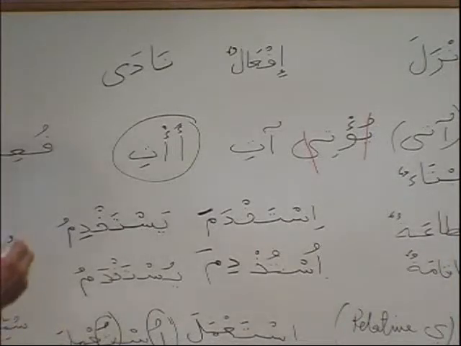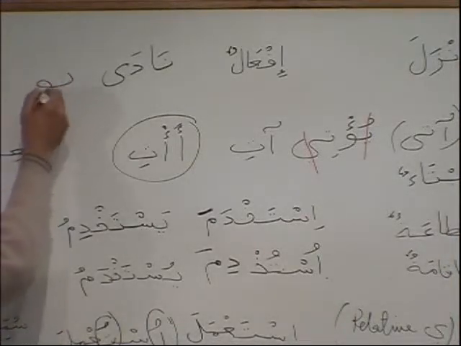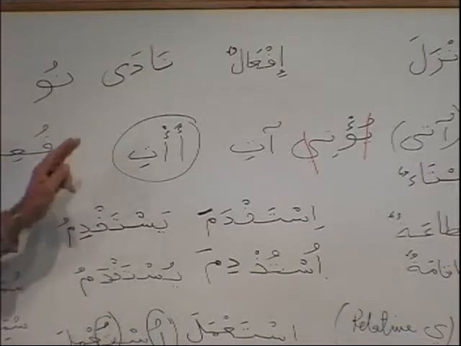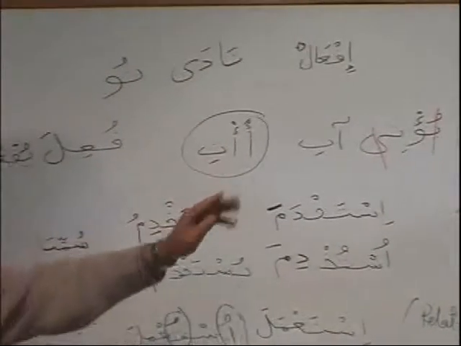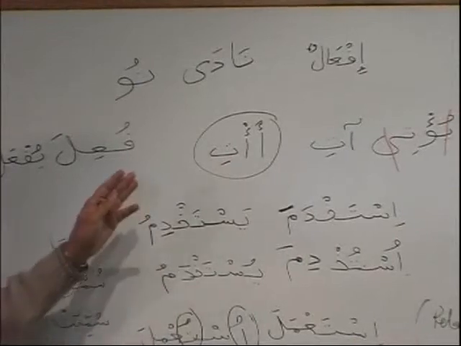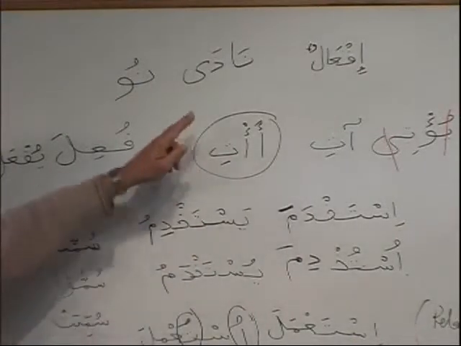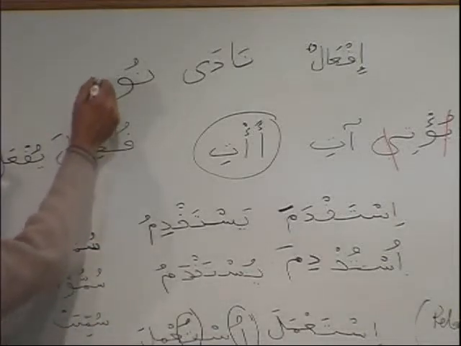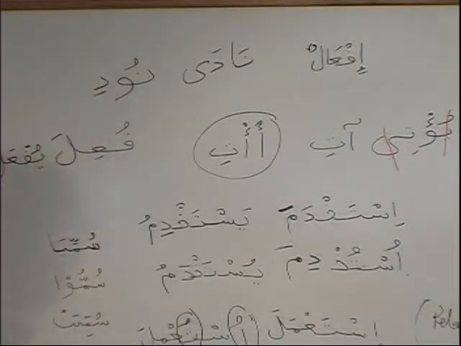When you say nu, the alif will change into waw. Nudiya. See how easy, and it is all in the Quran. When you say nada, he called. And when you say nu, because alif changes into waw, and then you say ain kalima kasra, the ya will open up.